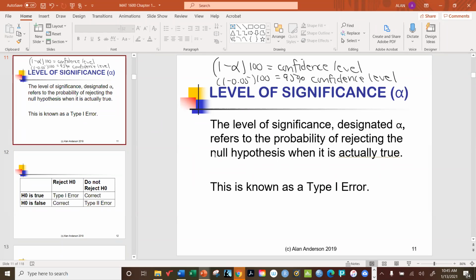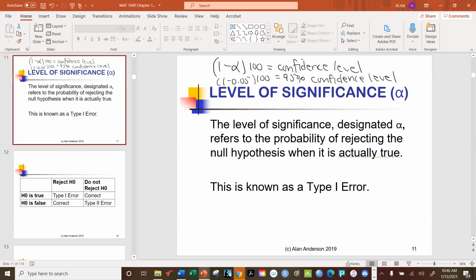In other words, this is actually a decision that the researcher has to make, what level of significance to choose, knowing that that represents the probability of committing a type 1 error. Now, we cannot ever completely eliminate this as a possibility. There's always a chance of doing this, but we can control the percentage or the likelihood of it actually happening by choosing a level of significance.